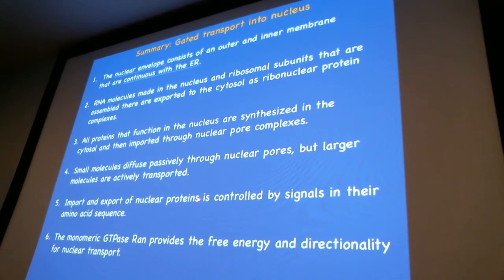The diffusion is passive, but it is the gradient of regulatory proteins like RAN-GTP that controls the direction of the transport. Import receptors recognize signals on the amino acid sequence, so that's why you have different signals for import and export, because you have different receptors controlling this. And the GTPase RAN is really the main player here that controls the traffic.